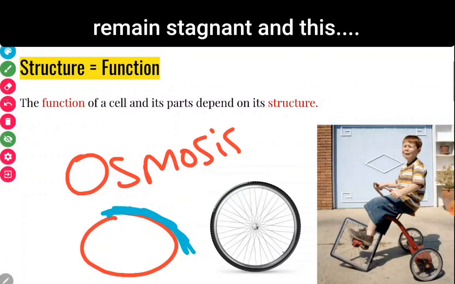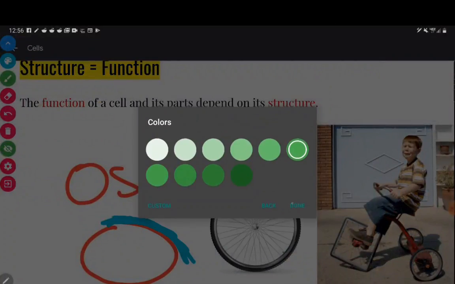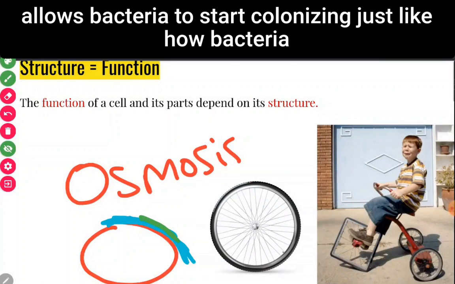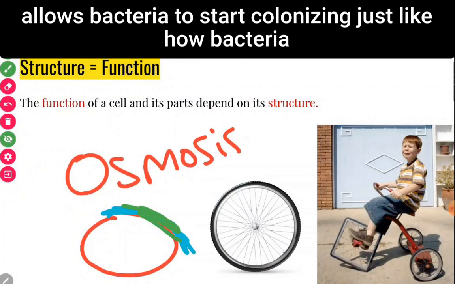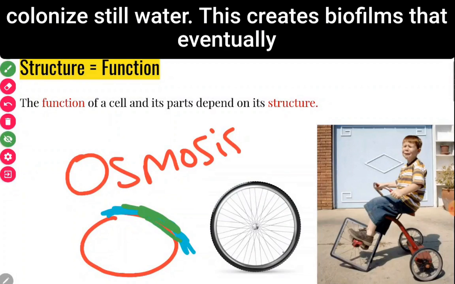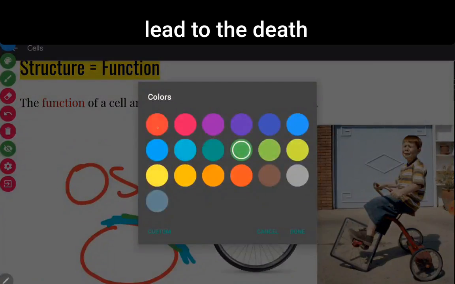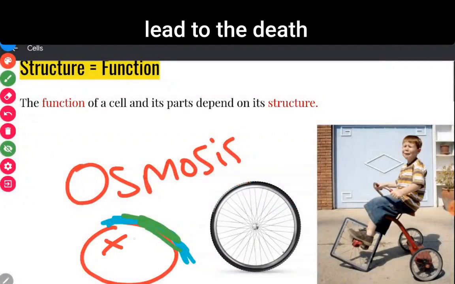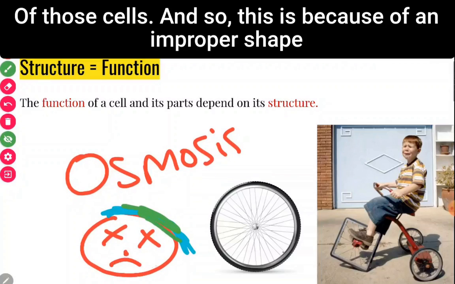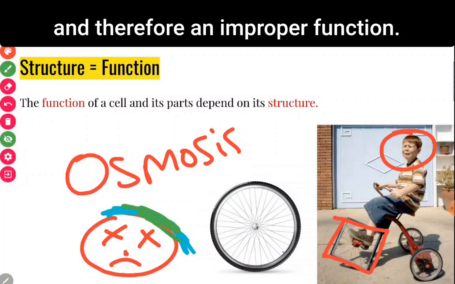And this, as a chain reaction here, allows bacteria to start colonizing, just like how bacteria colonize still water. This creates biofilms that eventually lead to the death of those cells. And so this is because of an improper shape and therefore an improper function.